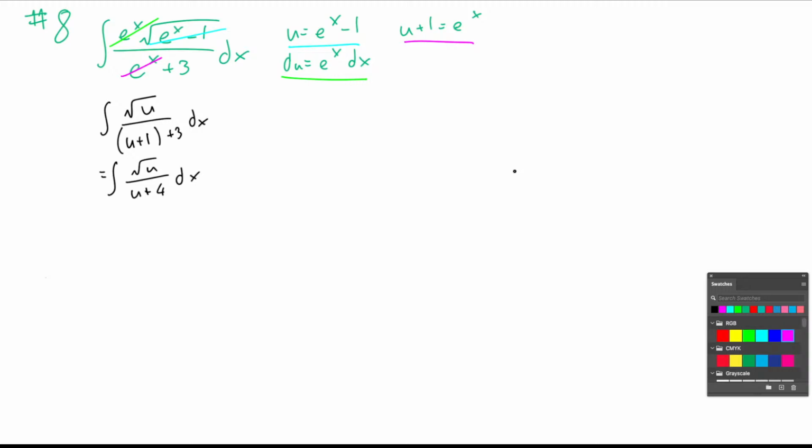Square root of u on top. What if we integrated this by parts, right?